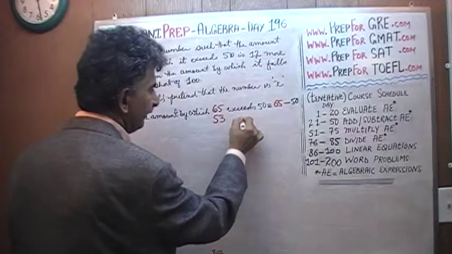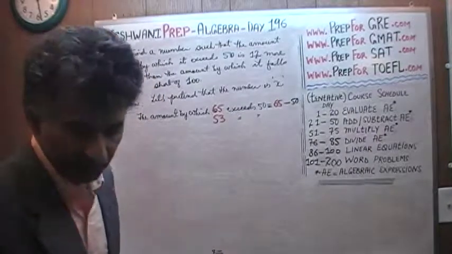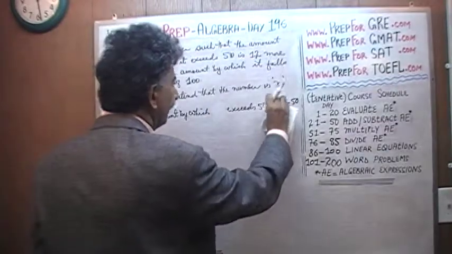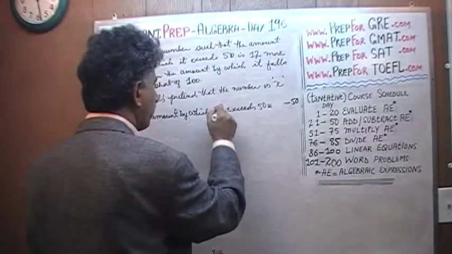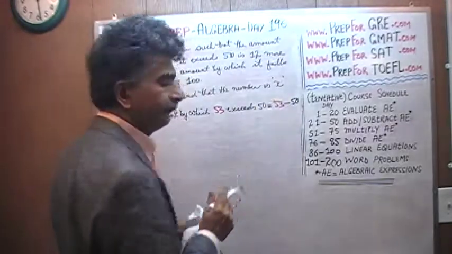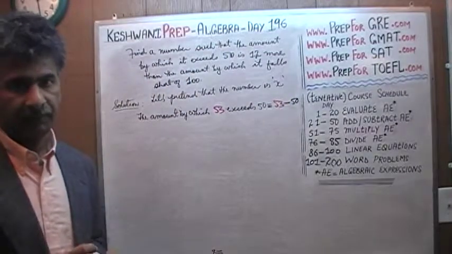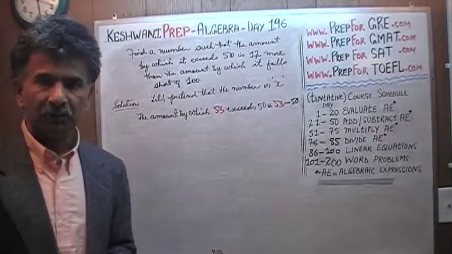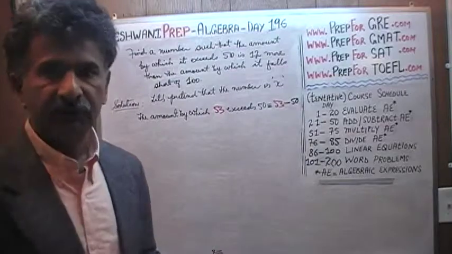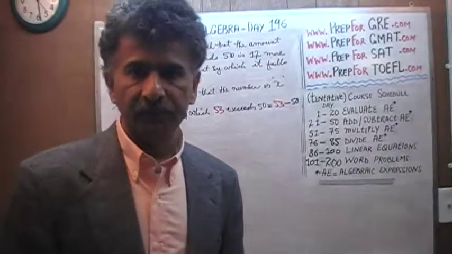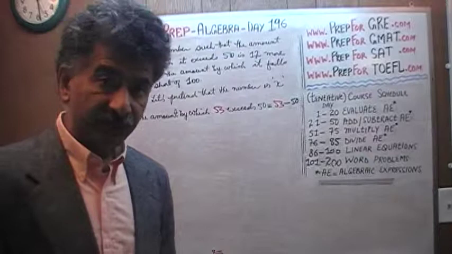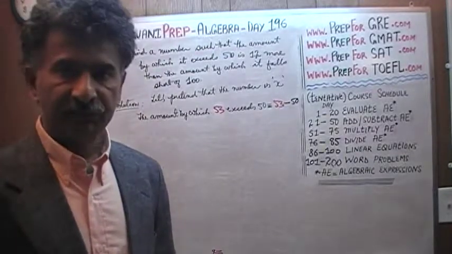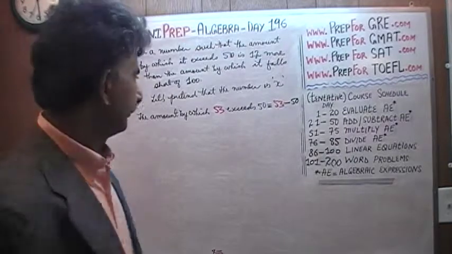The amount by which 53 exceeds 50 is 3. How do we find it? By subtracting 50 from 53. 53 minus 50 is the amount by which 53 exceeds 50.